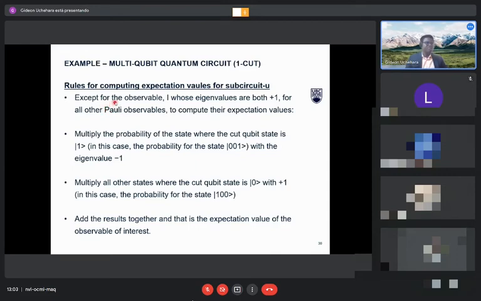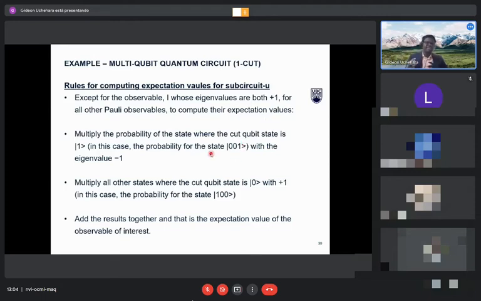Except for the Pauli Y, and this is another rule that we should take note of, except for the Pauli Y, for the Pauli I, whose eigenvalues are both +1, and for all other Pauli observables, we need to compute the expectation value as follows. This is the way you compute the expectation value for all the other observables.